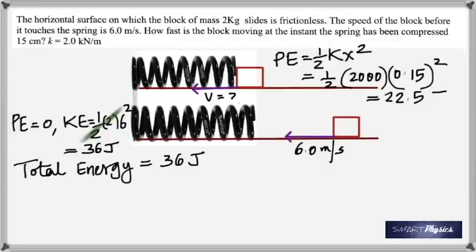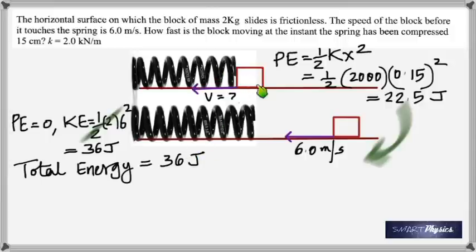When you do that, you get 22.5 joules. Since we know that the total energy must be a constant, taking the potential of the spring and the kinetic of the block, because remember the block is still moving, it has not stopped, when you take that total energy, you must still end up with 36.